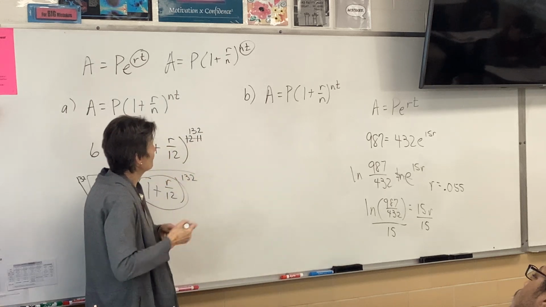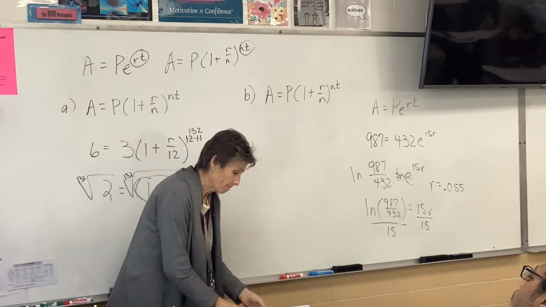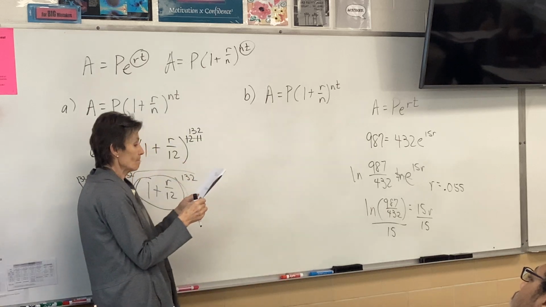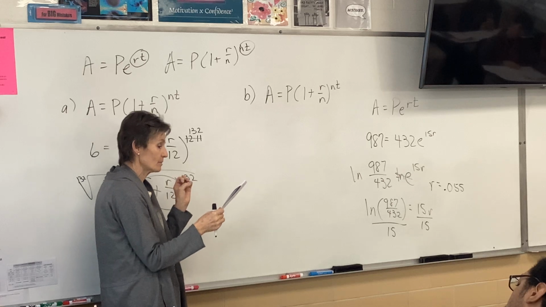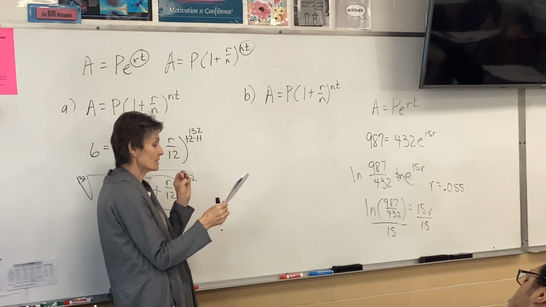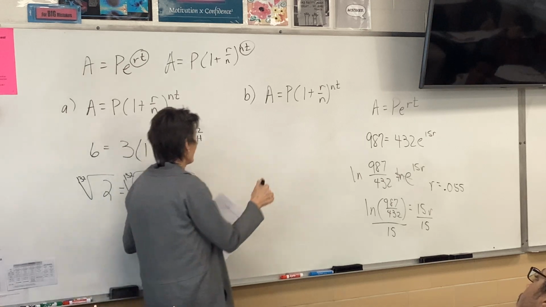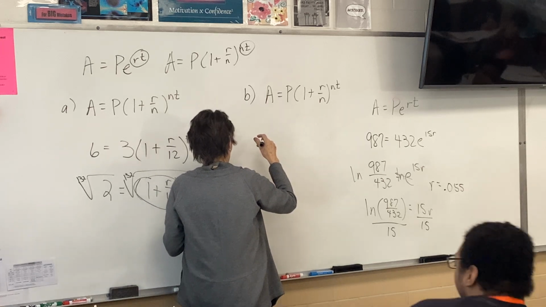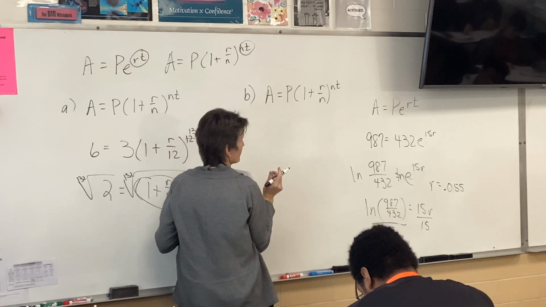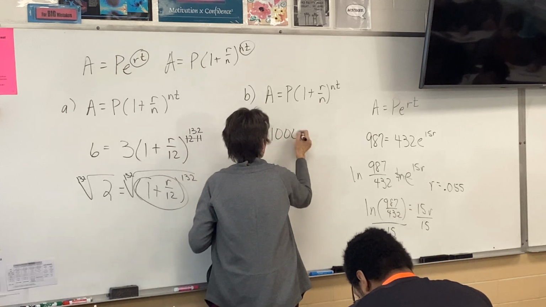Okay, letter B. How much will be in the account at the end of 12 years if $10,000 is invested at 2.75% interest compounded quarterly? All right, what am I going to be plugging in here? What goes where? Where does 10,000 go? At the B. That's your investment.